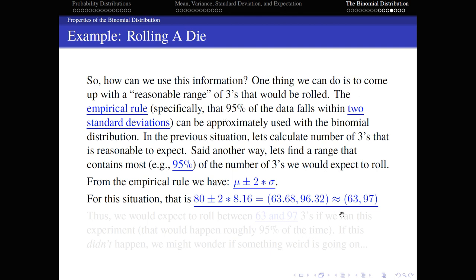There's a 95% chance that we would expect to see between 63 and 97 threes in our die roll. That is to say, if we did this 100 times, 95 of them we would expect to see in this range, typically. And more precisely, if we did it an infinite number of times, 95% of the time they would fall in this range.